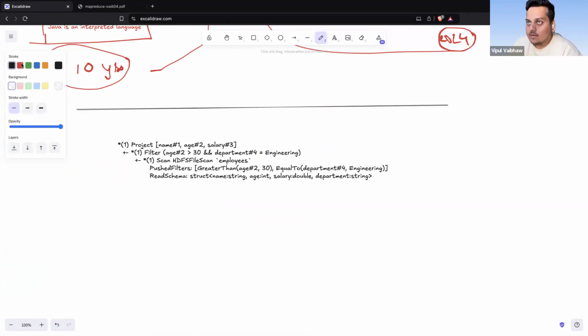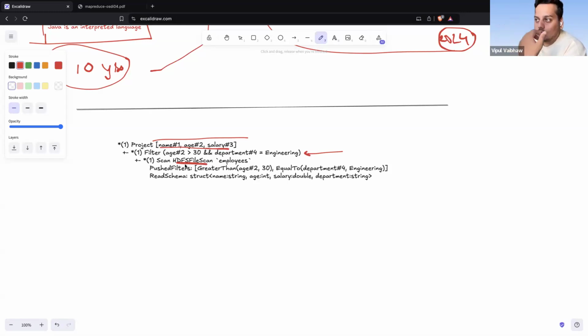Very similar to the logical plan, with few changes. Project remains the same, the things we want as an output. Filter tells you exactly what we want to do. Here are the changes: how exactly it is going to execute on the hardware. It is going to use an HDFS file scan, assuming you are built on top of HDFS, the Hadoop file system.